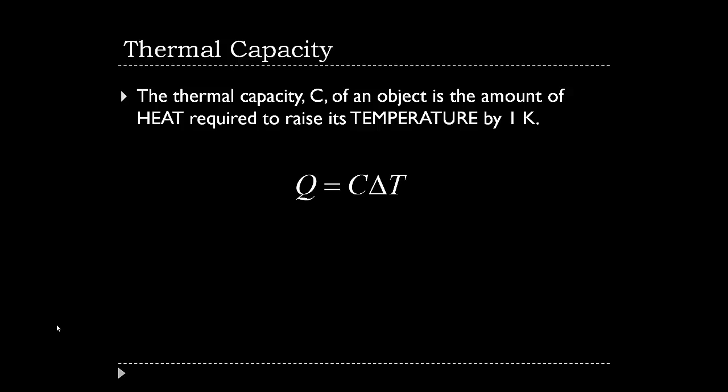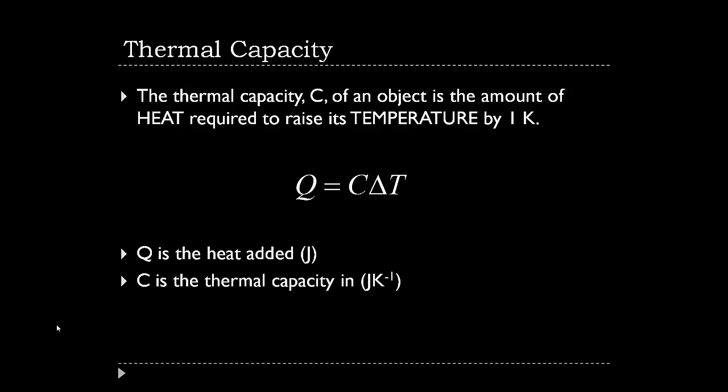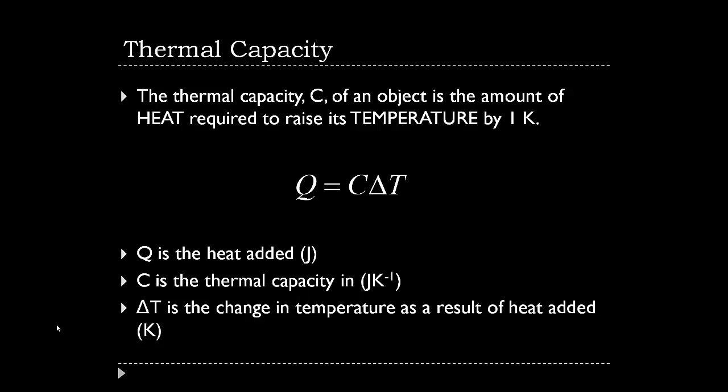Q is equal to C times delta T. So the amount of heat required to change an object's temperature by an amount delta T is equal to the thermal capacity times the change in temperature. So Q is the heat that we've added, C is the thermal capacity, and delta T is the change in temperature as a result of adding that heat.